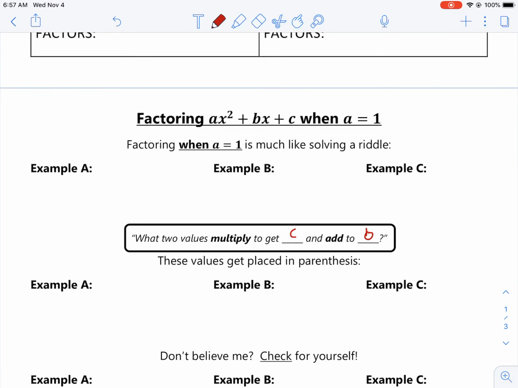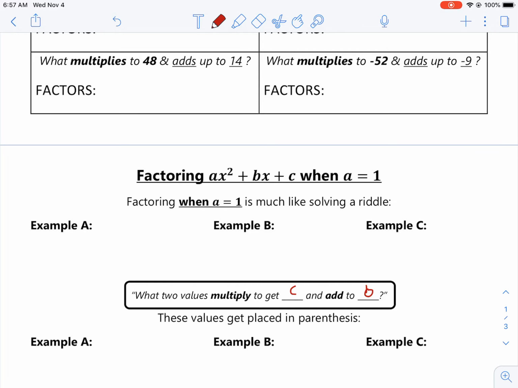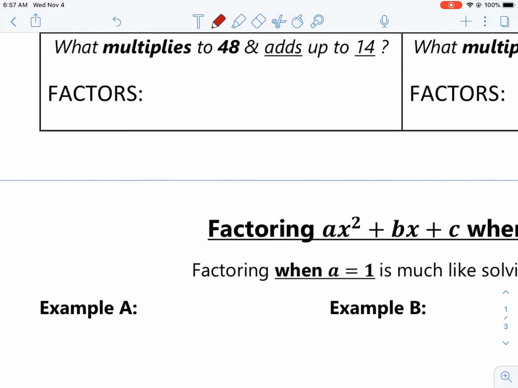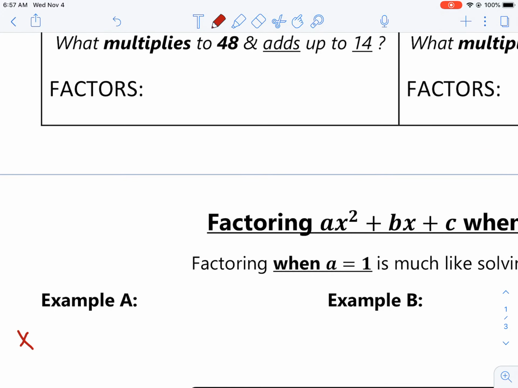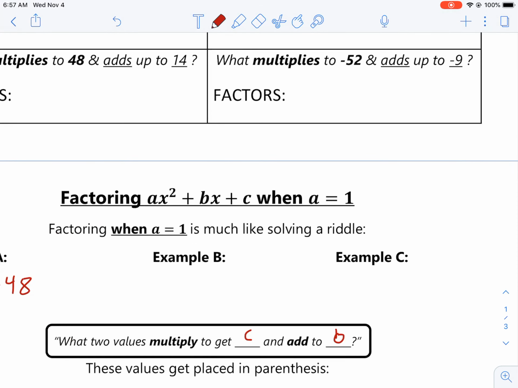So we're going to pick 3 examples from above. So let's just do this one right here. That'd be x squared, so what multiplies to 48 and adds to 14? So that'd be x squared plus 14x plus 48, because it's multiplying to get C and adding to get B. We can do this one.